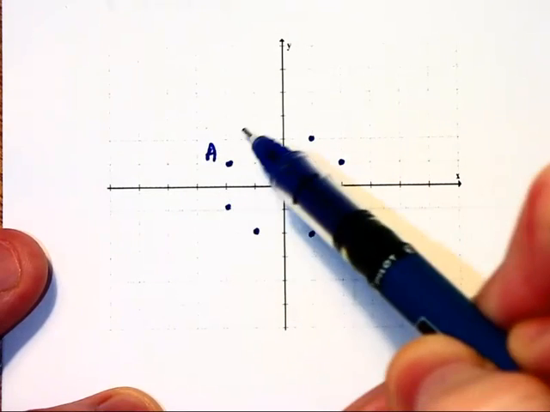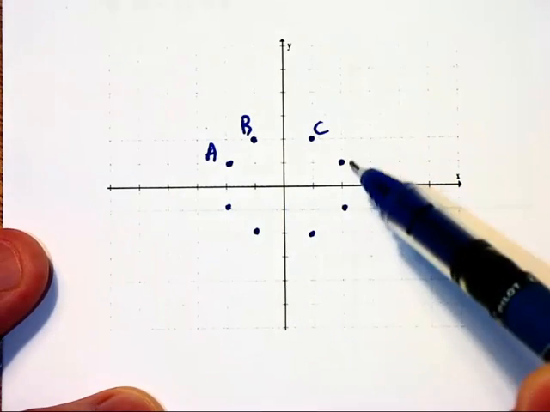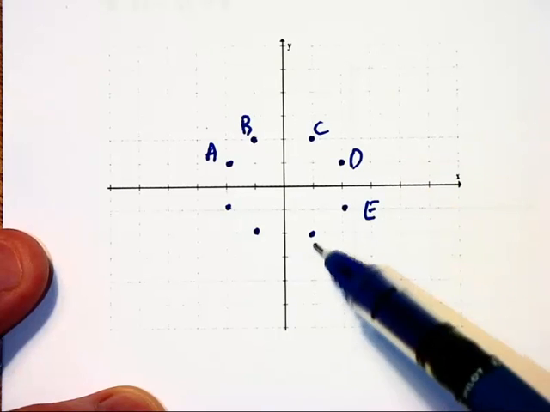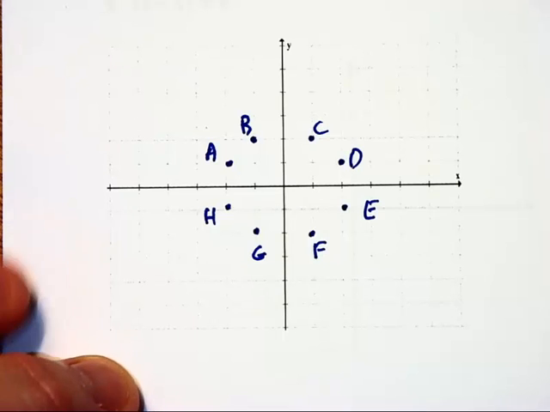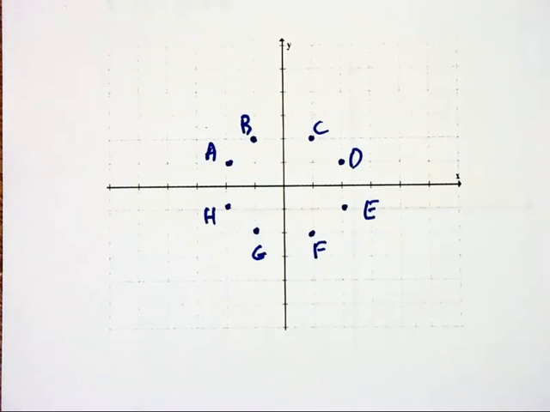So I will label these A, B, C, D, E, F, G, and H, and I'd like you to pause your video very quickly, write down the coordinates of where those are located, and then in a second you can start back up here and check your answers.